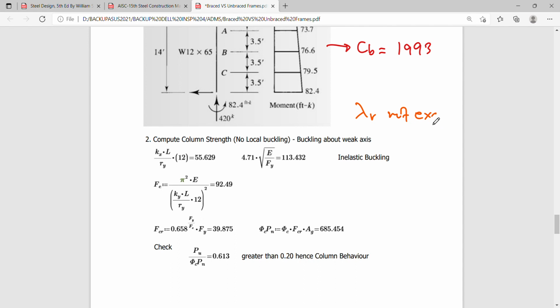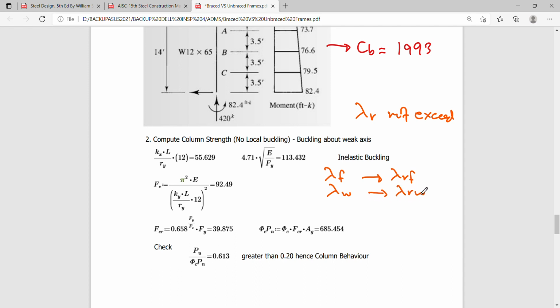But if you want to make sure that there's no local buckling, or maybe the problem states that you have to check local buckling failure or condition, you need to solve and compare your lambda flange and lambda web with that of the lambda r flange and the lambda r web.